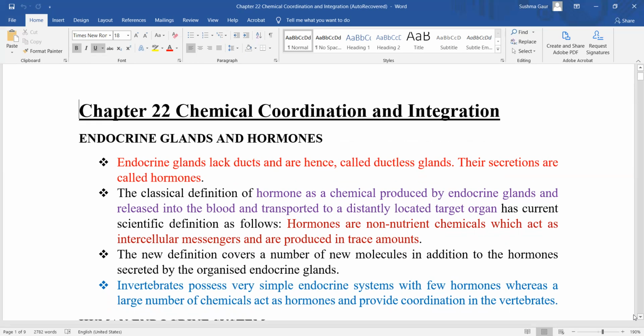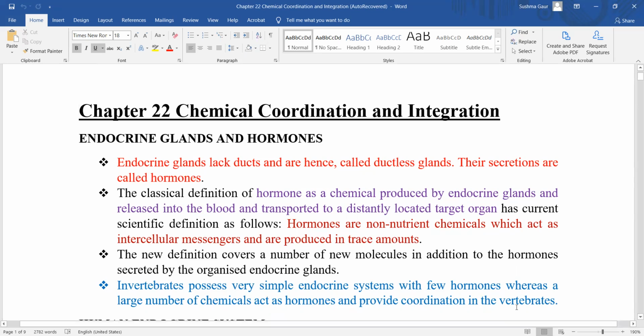Ma'am, in endocrine glands, the hormones are released directly into the bloodstream. They don't have ducts also. And exocrine glands release their secretions into duct-like structures, and from those ducts they are transported to different organs where they are required.